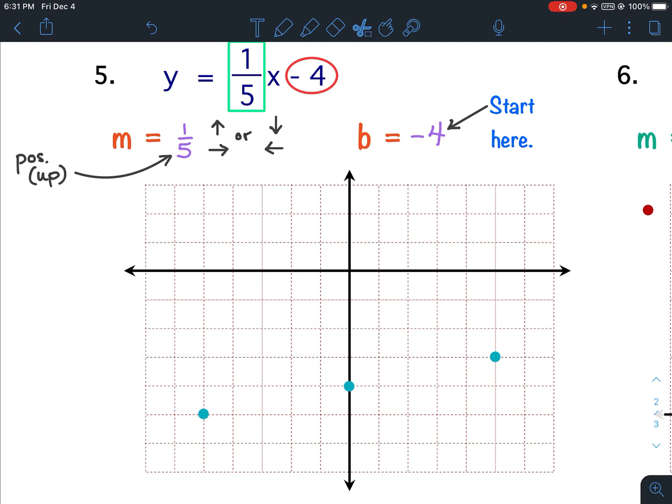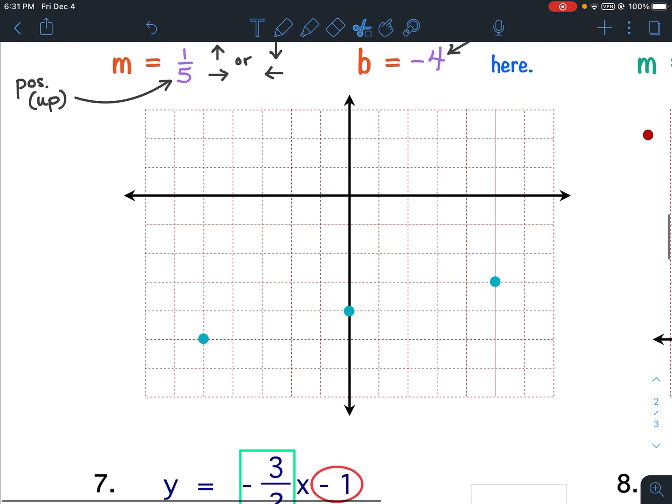I can't go any more to the left. I can go down 1, but I can't go to the left 5. So I'm done. Those are the only 3 points I need.